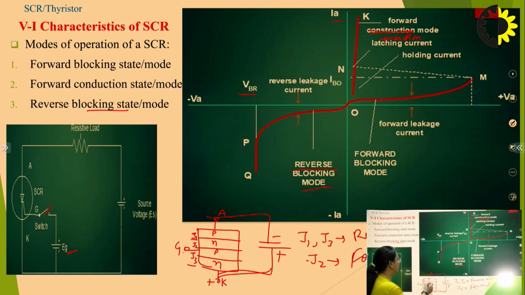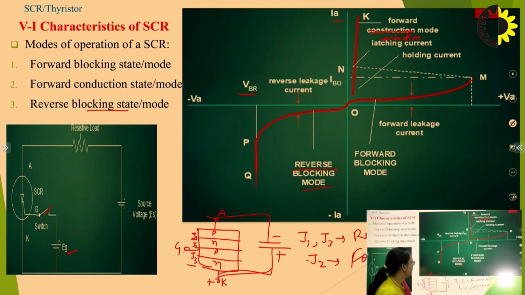This high current is represented by PQ. The permissible temperature of the device may be exceeded, so we have to take care that the reverse anode to cathode voltage does not exceed the reverse breakdown voltage, VBR.